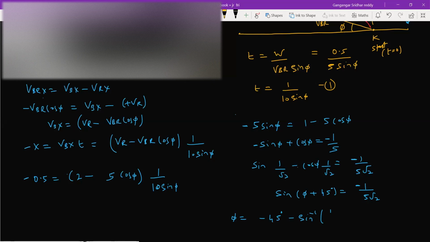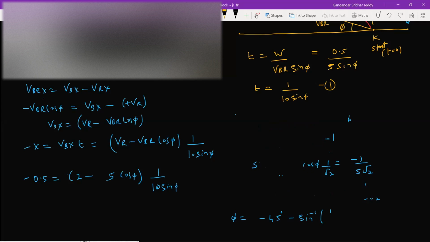Sir, change this. VR is equal to 2, right? Okay, I'll make changes. This part I'll erase and write afresh with adjustment. The drift is negative, no? So I'll make the adjustment here.